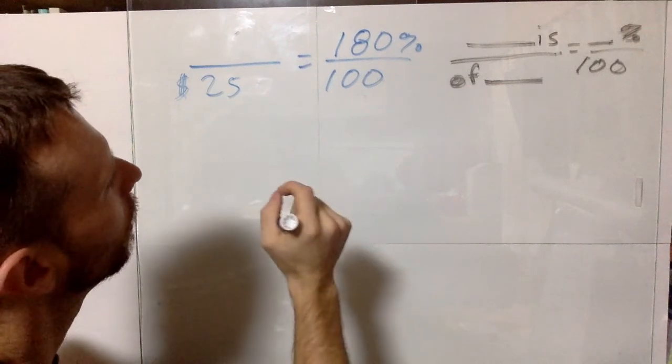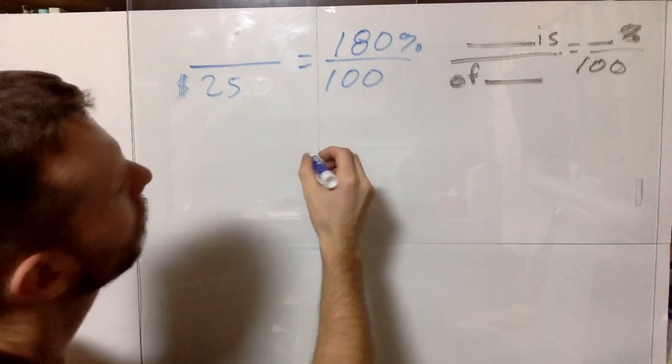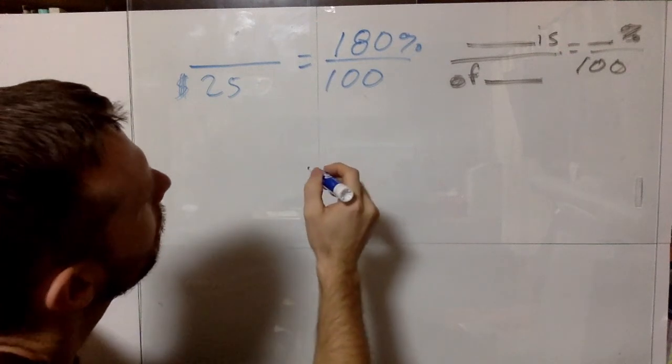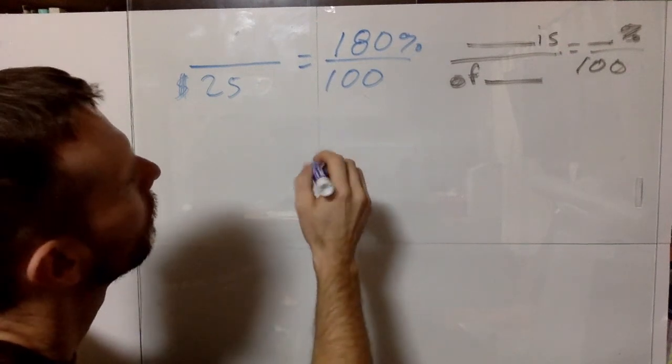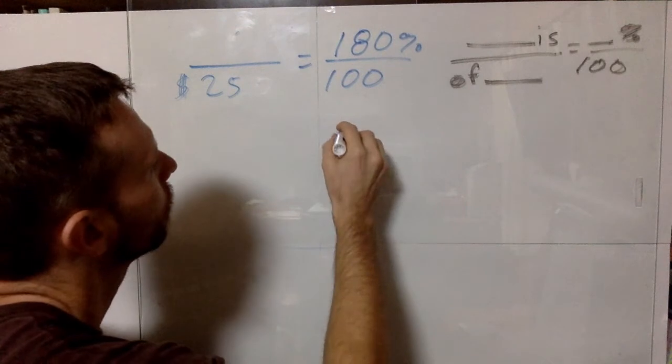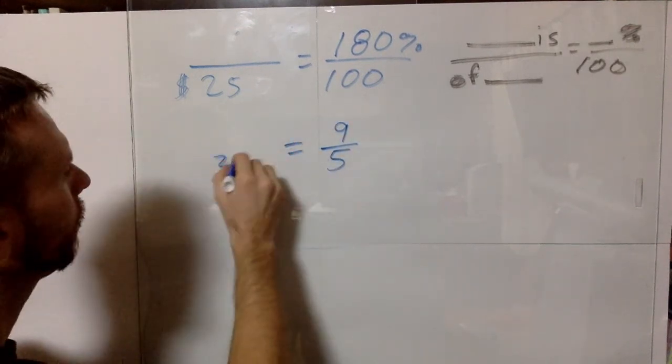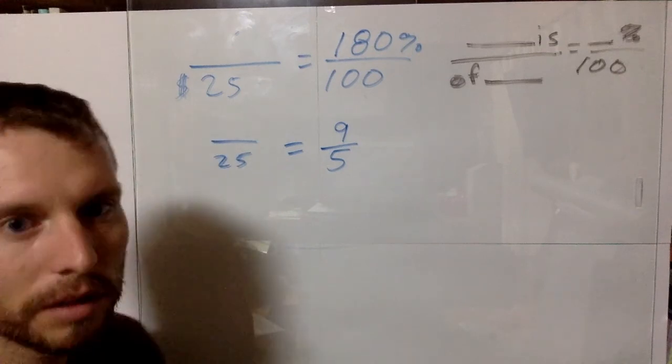And let's see, I believe this is going to reduce to 18 over 10, which then reduces to 9 over 5. And here is my 25.